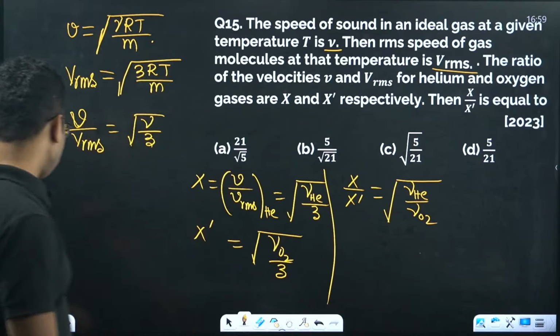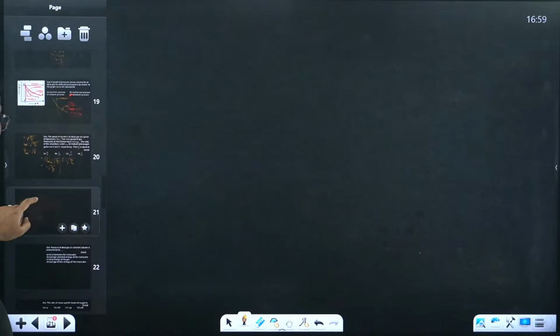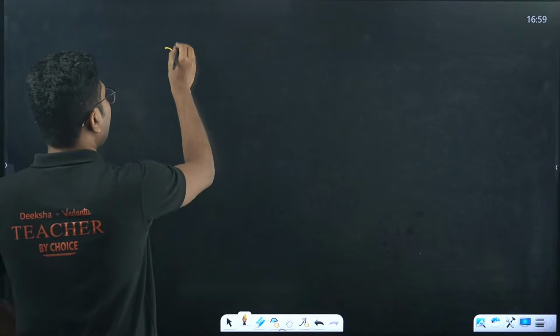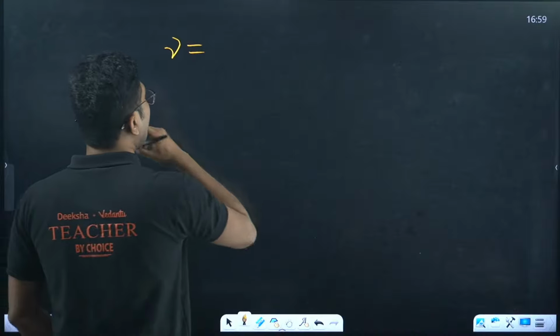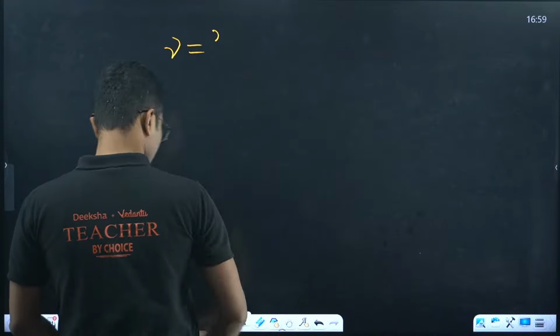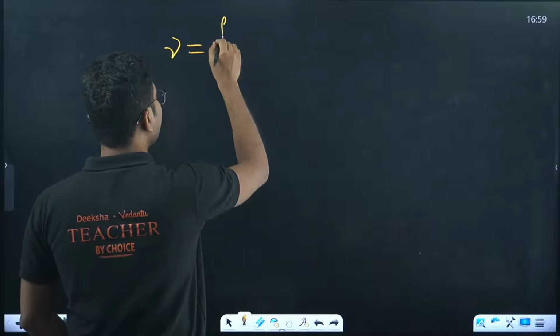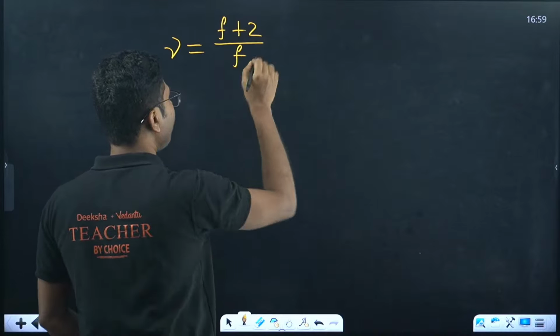So what is gamma of helium and what is gamma of oxygen? Gamma is given by a very simple formula: degrees of freedom of the gas plus 2, divided by degrees of freedom.